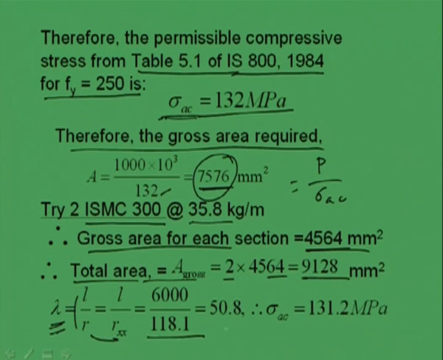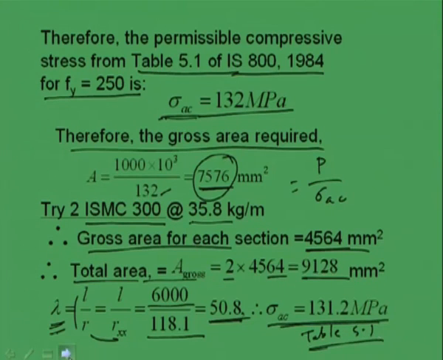L is the effective length, 6 meter, and R is 118.1 millimeter, which we can find out from IS 800/1984, and then lambda is coming as 50.8. Remember, we had assumed lambda as 50 and now it is becoming 50.8, right. So, with the actual lambda of 50.8, sigma AC, the allowable compressive stress, is becoming 131.2 MPa. This we can find out from table 5.1, right.